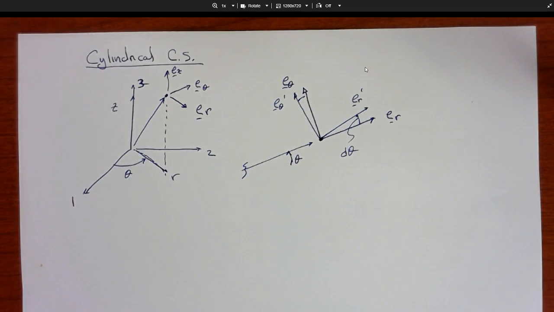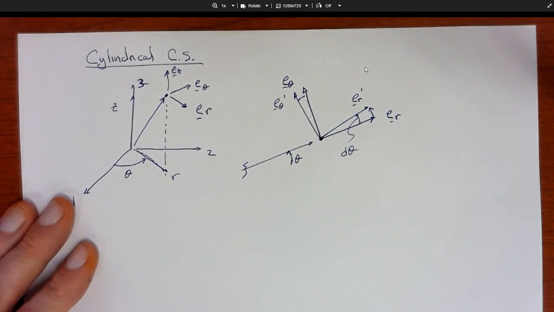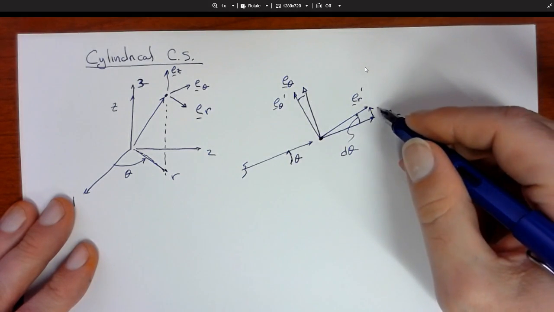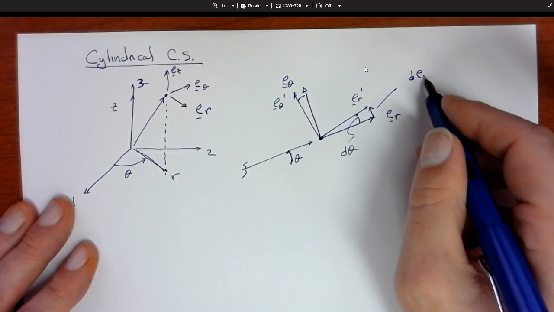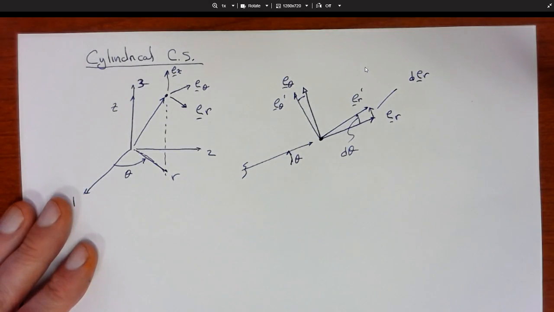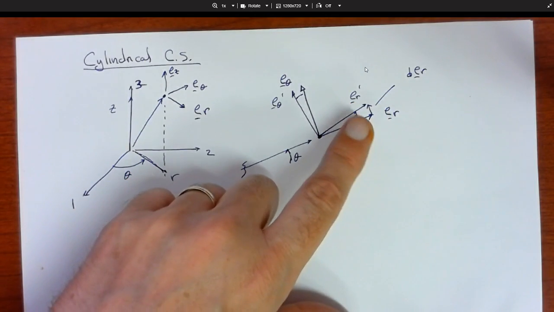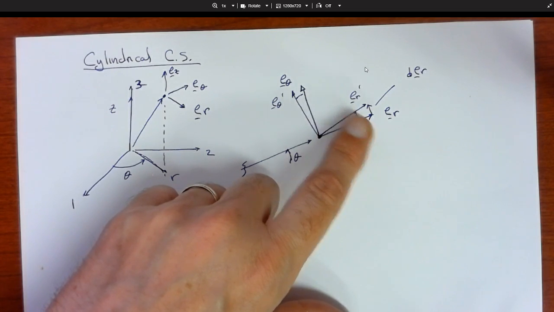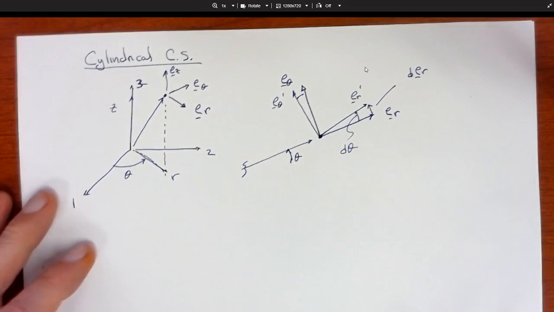You can see this distance here, a vector distance, and we'll call that d er. That's how much er changes as we perturb it by d theta. So er prime is actually er plus der.